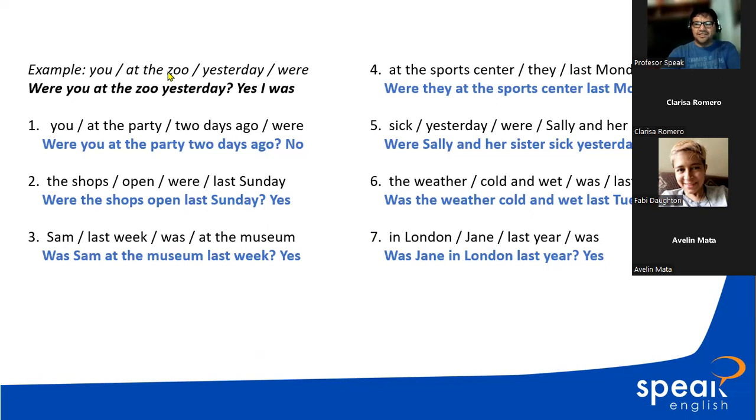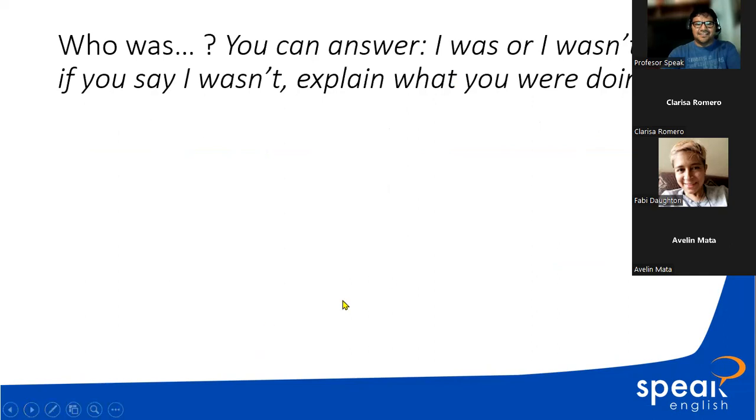Okay, so now let's take a look at the next activity. For this activity, it says, who was? I'm going to show you the ending of the question, and you can say, I was or I wasn't.